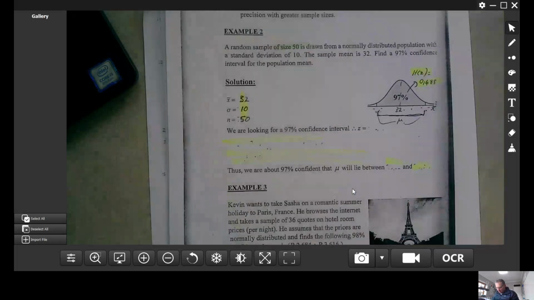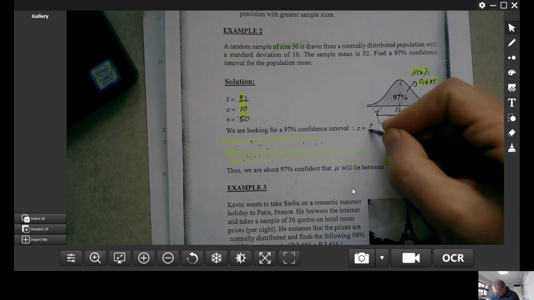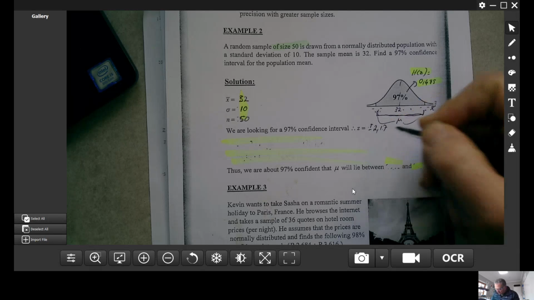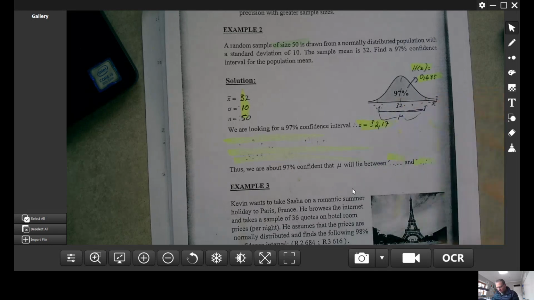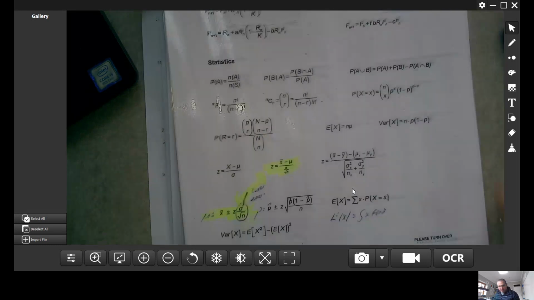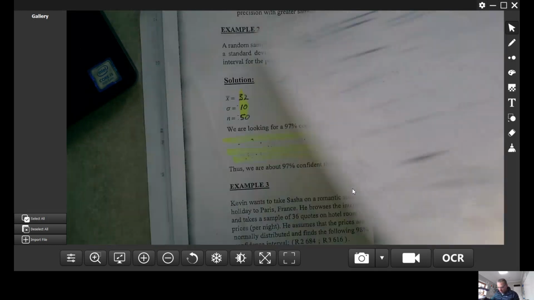So I get a z score of plus or minus 2.17. That's my z score for a 97% confidence interval. Now you go to your formula sheet. What's the formula that deals with this? It's this one over here, so write that down.